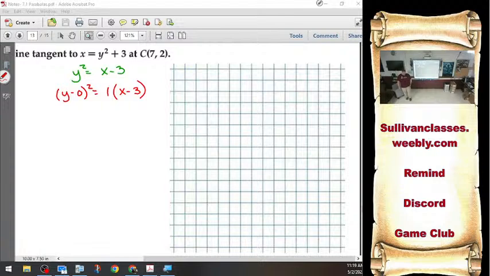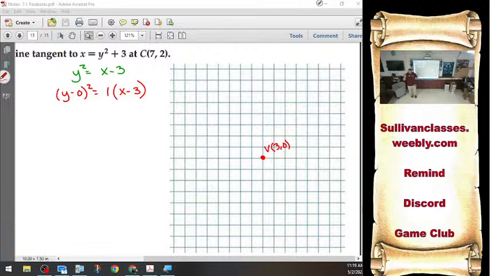Blue is how I wrap my head around this. So I'm going to start with a vertex at 3, 0. And it says it's going to hit the contained point of 7, 2.